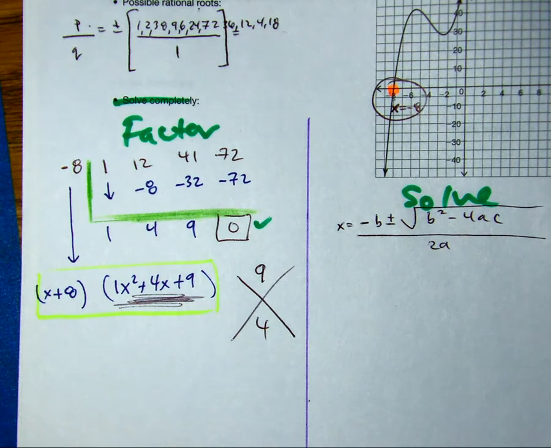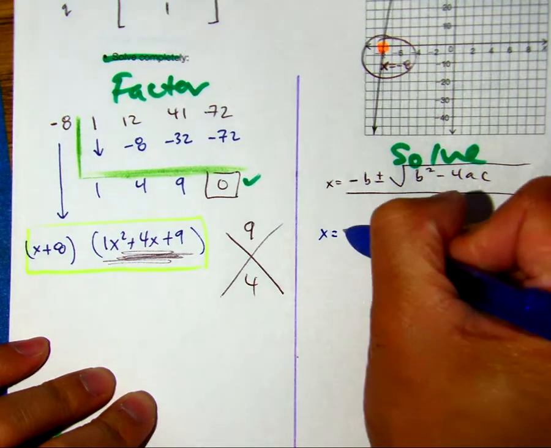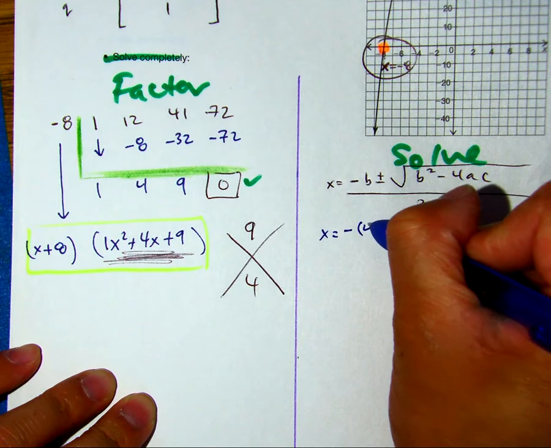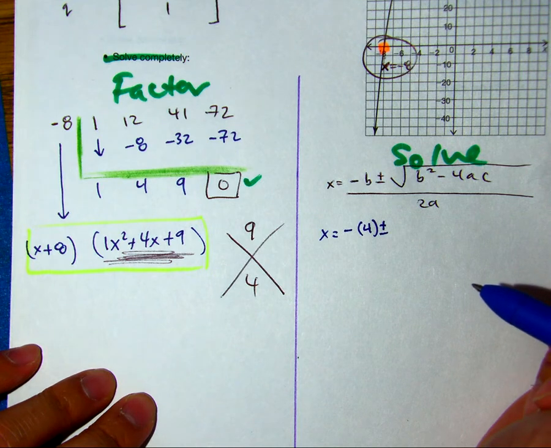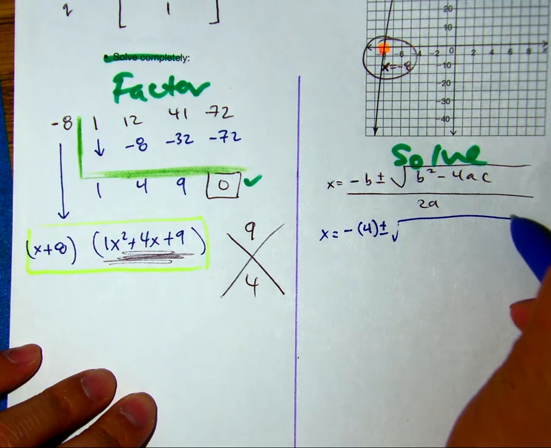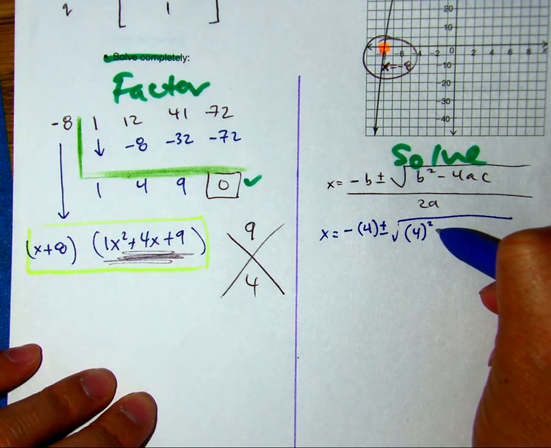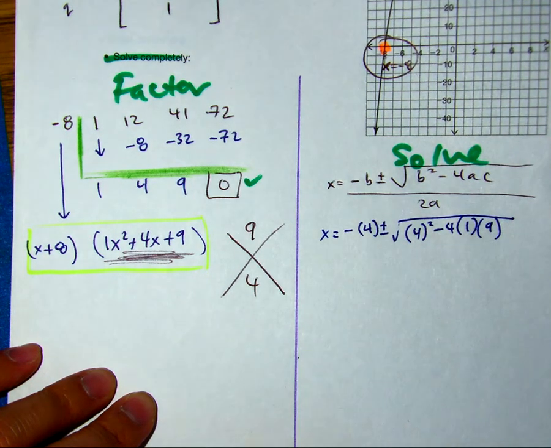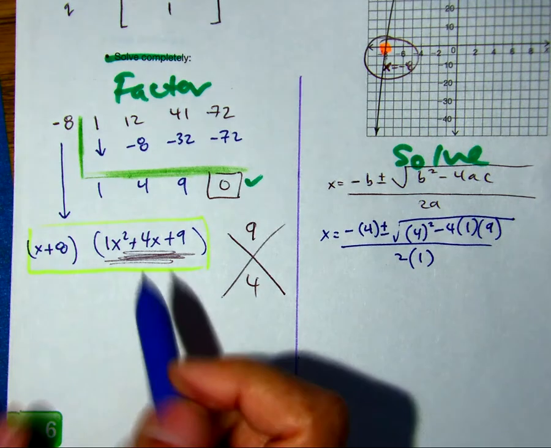Okay, Josh, go ahead and do the substitutions for that, please. Remember your A, B, and C's are over here. So he's just looking at 1, 4, and 9.